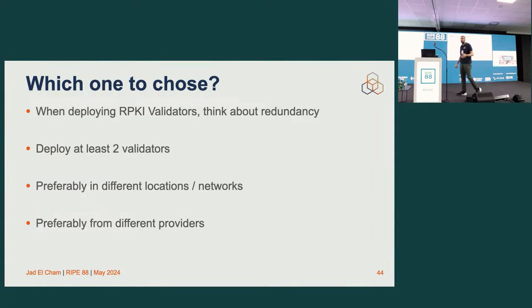So different VLANs, even if it's within the same location, preferably in 2 different VLANs, 2 different networks, because if something happens on one of the VLANs, it wouldn't affect both validators at the same time. And preferably, it could be from 2 different providers.